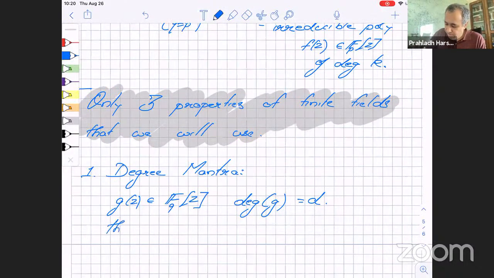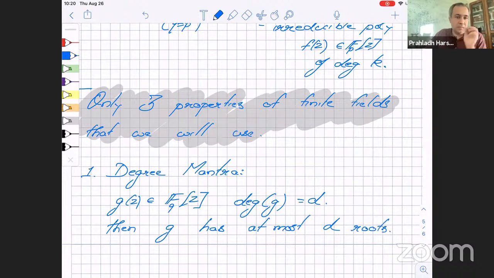Then g has at most d roots. If you give me a polynomial of degree d, it cannot have more than d roots in this particular finite field. That's the first of the properties I'll use.